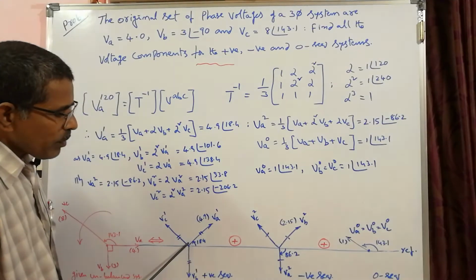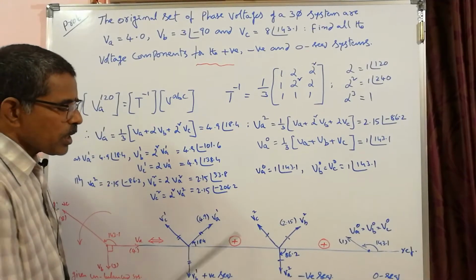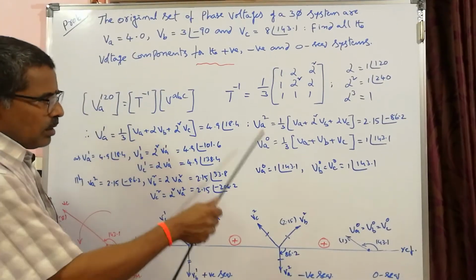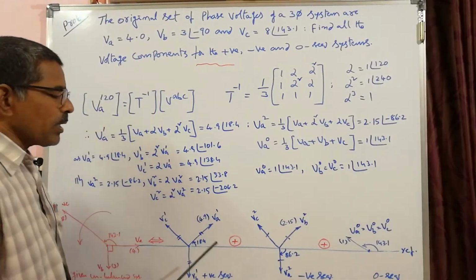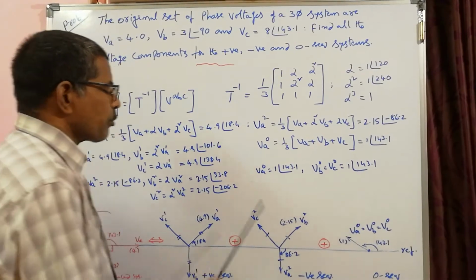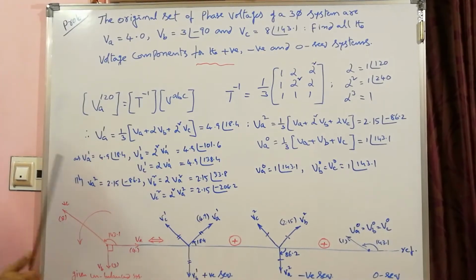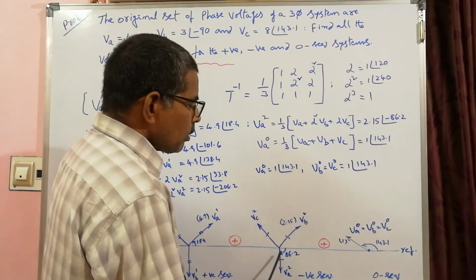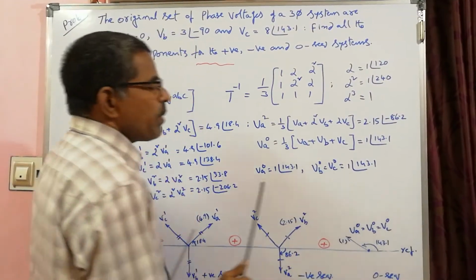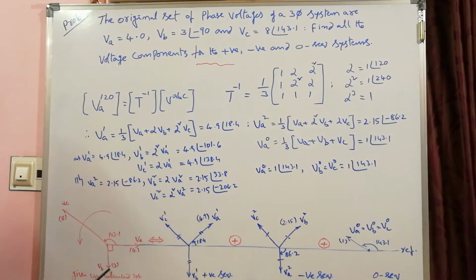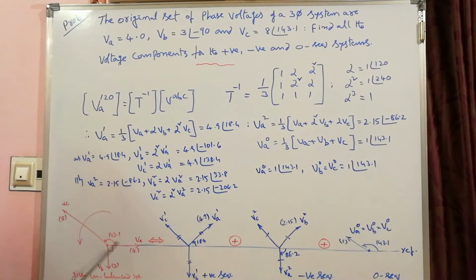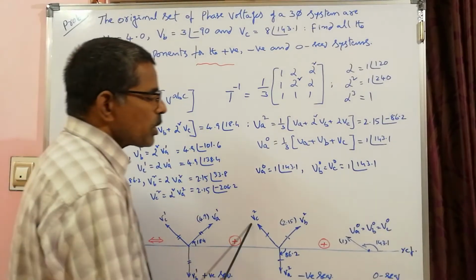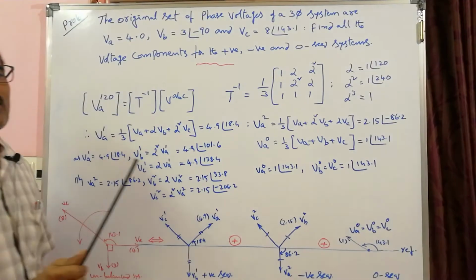You can add phasor-wise, add VA1, to this tip add VA2, and then VA0, or from the equations, VA1 plus VA2 plus VA0, if you add you get VA. Similarly VB1 plus VB2 plus VB0, you get VB. Likewise VC can be resolved with the combination of VC1, VC2, VC0.